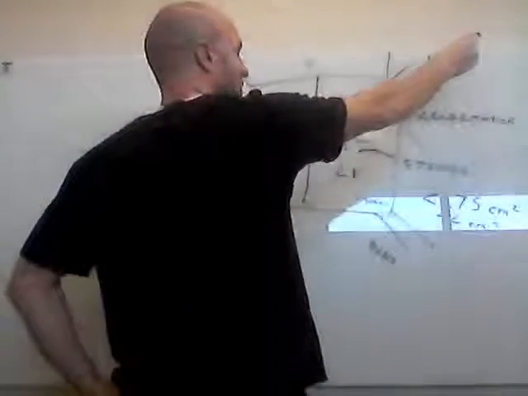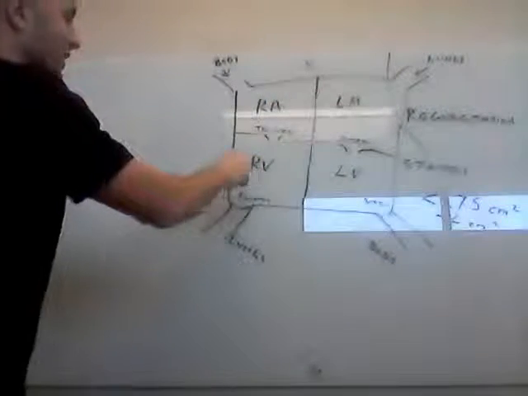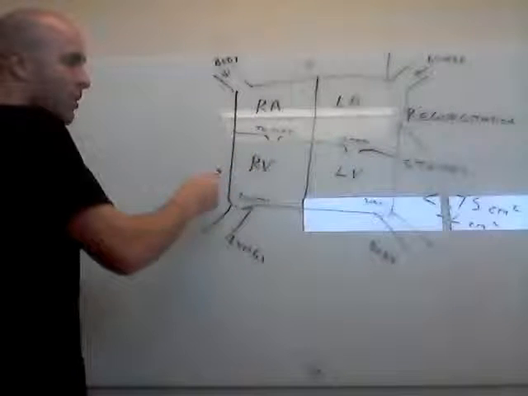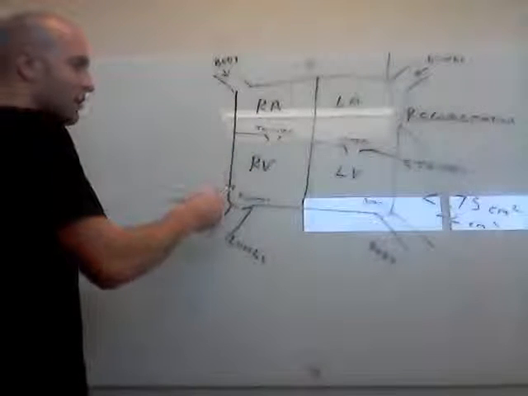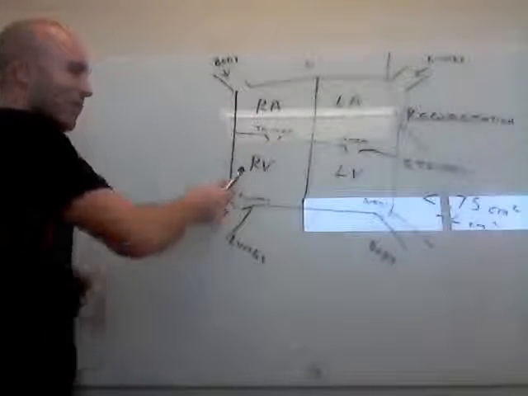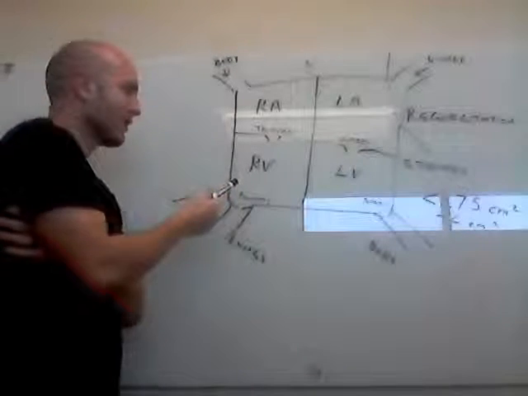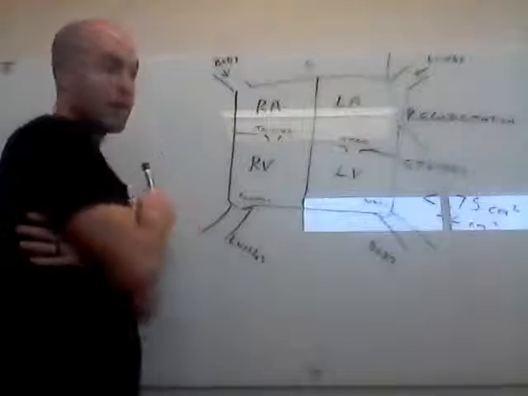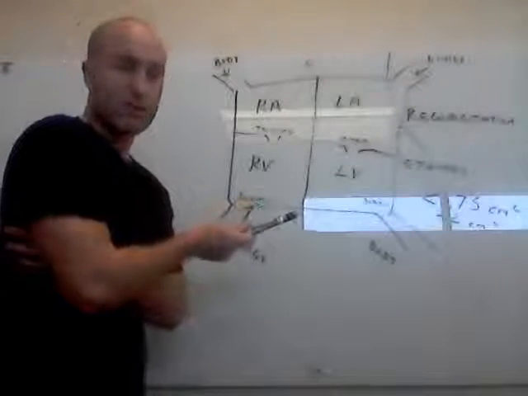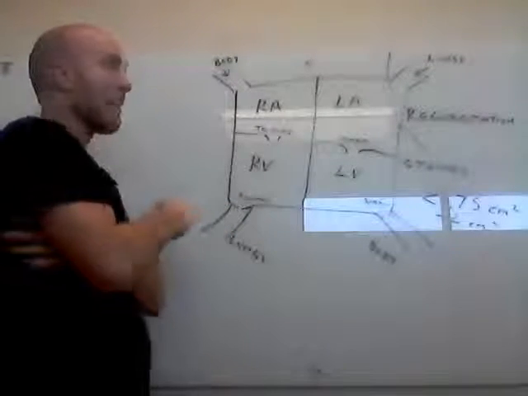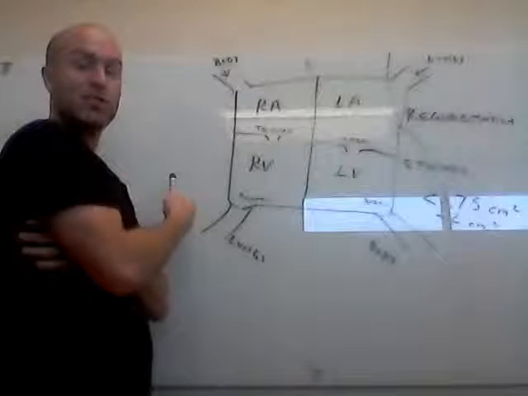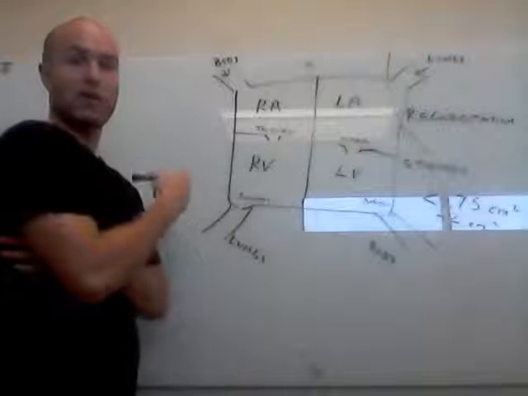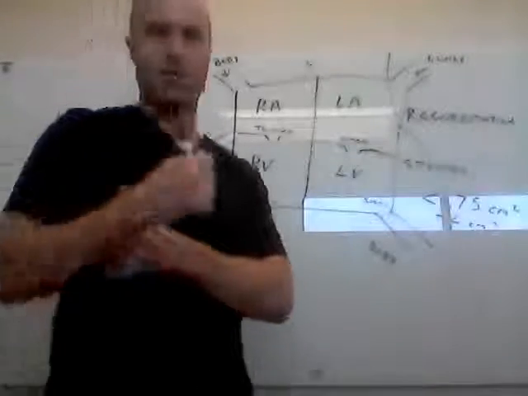Well, it goes up into the lungs and then goes back to here, and that means this is going to have a harder time. And if this is having a harder time, this is going to get hypertrophied. And if it gets hypertrophied, then it's going to start having increased oxygen demands. And if it has increased oxygen demands, it's more likely for it to not get enough oxygen. And if it doesn't get enough oxygen, then it's going to become ischemic. And if it becomes ischemic, it can start to die. And if it dies, you start getting failure. Okay? So that's what's occurring there.